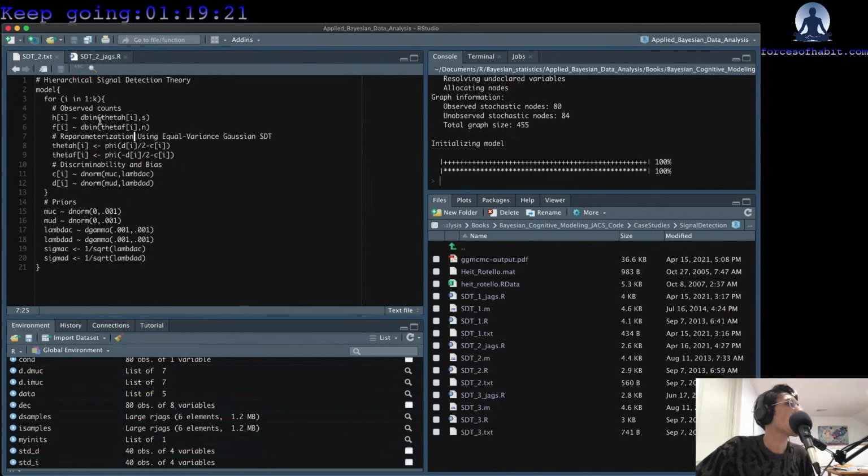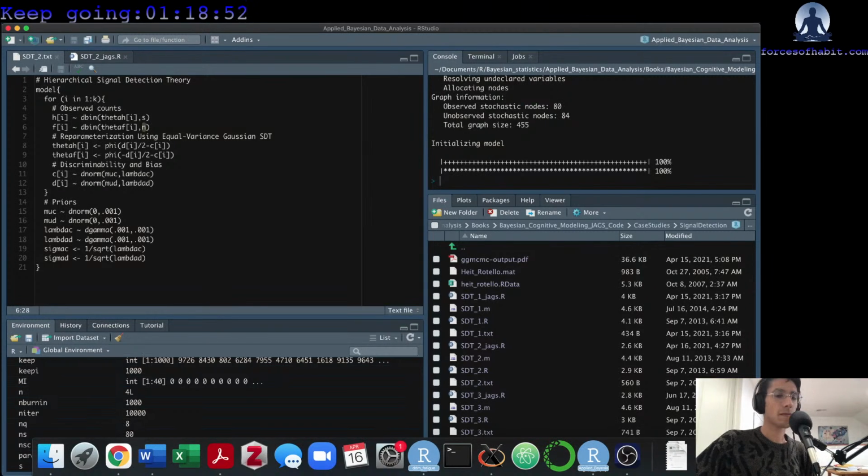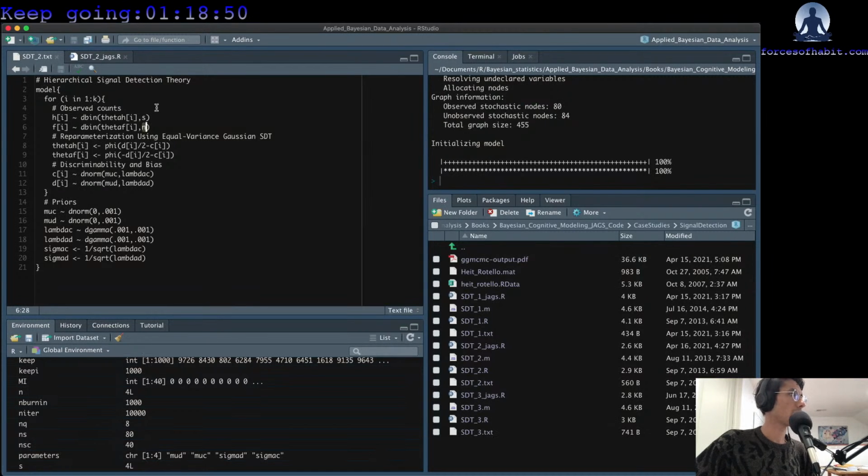Okay. So hits and false alarms are binomial distributed with these success rates, the success rates for the hits and false alarms. And each of which is distributed by the total number of trials for those things, which are going to be 40 each, right?